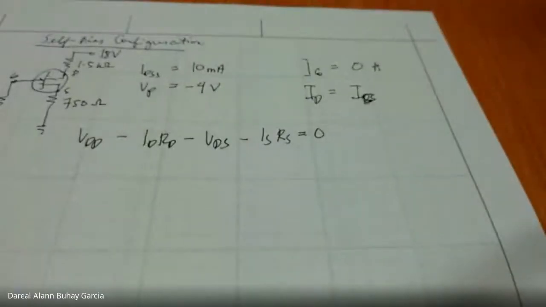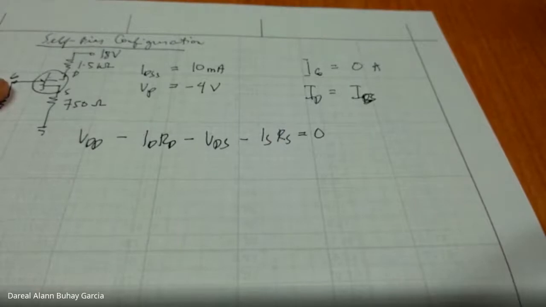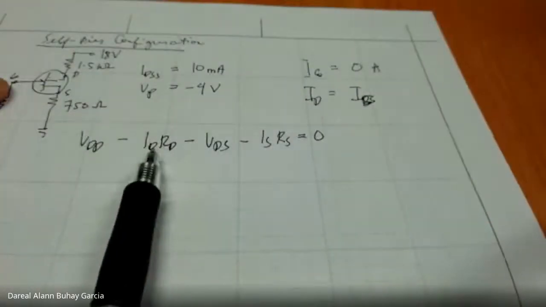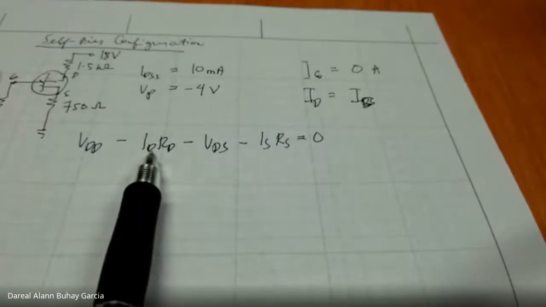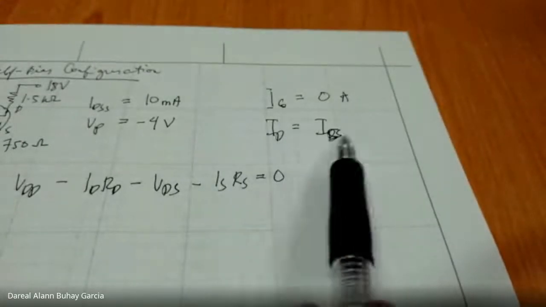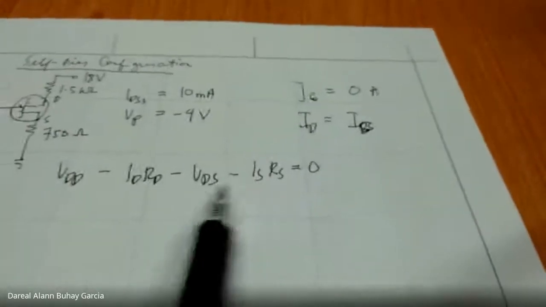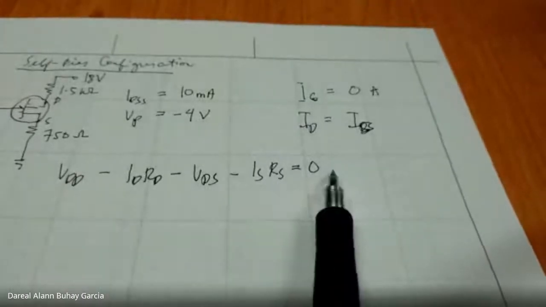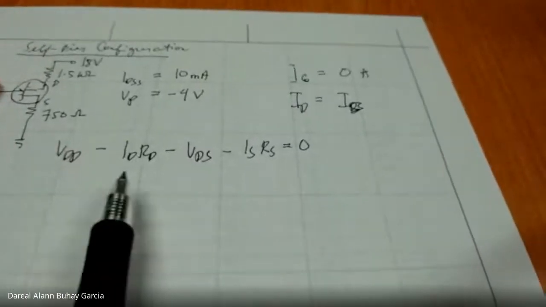All right? Pwede po natin i-convert into an equation that is a function of only ID because ID is also equal to IS, no? As established. Para isa lang ka-current sa kaning equation. So, save sa natin. This is equation 1.